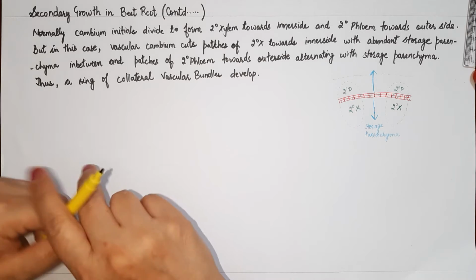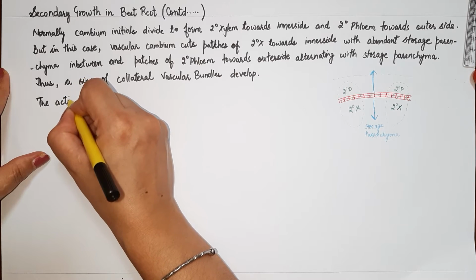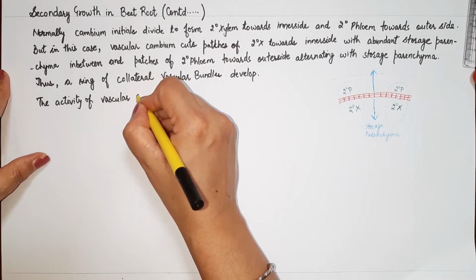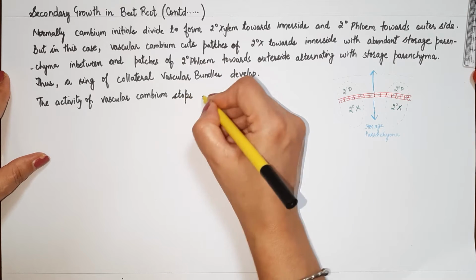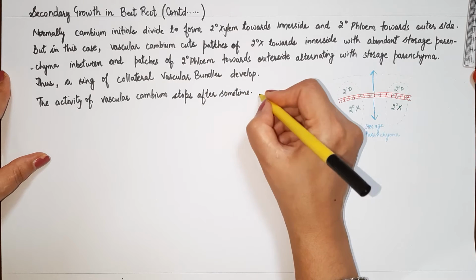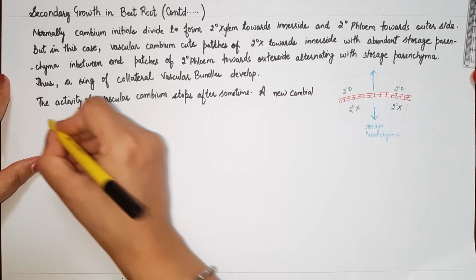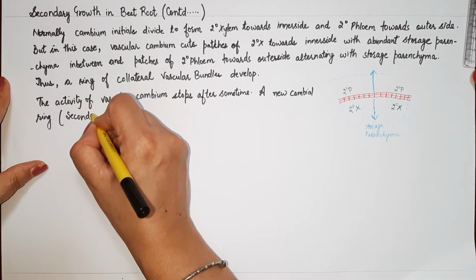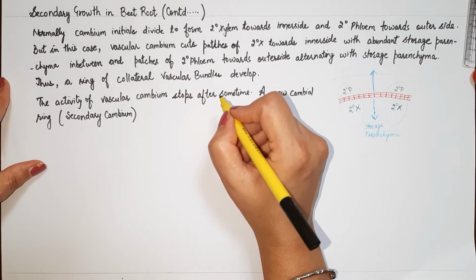Okay. So, the activity of vascular cambium stops after some time, and a new cambial ring, which is now called secondary cambium, develops. So, it is basically the second ring of cambium developing.